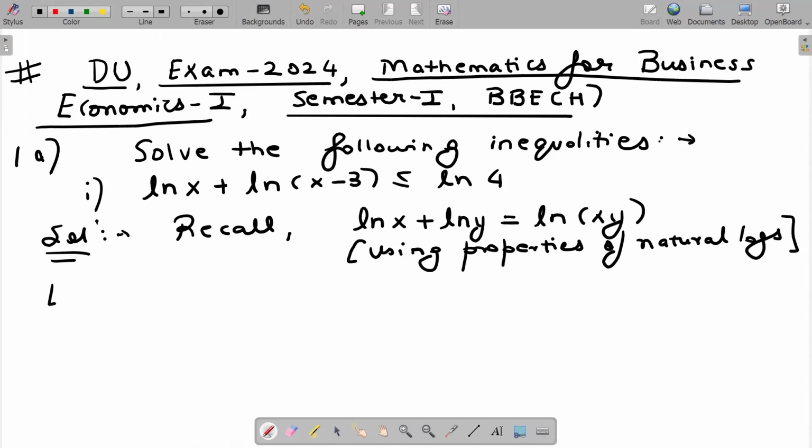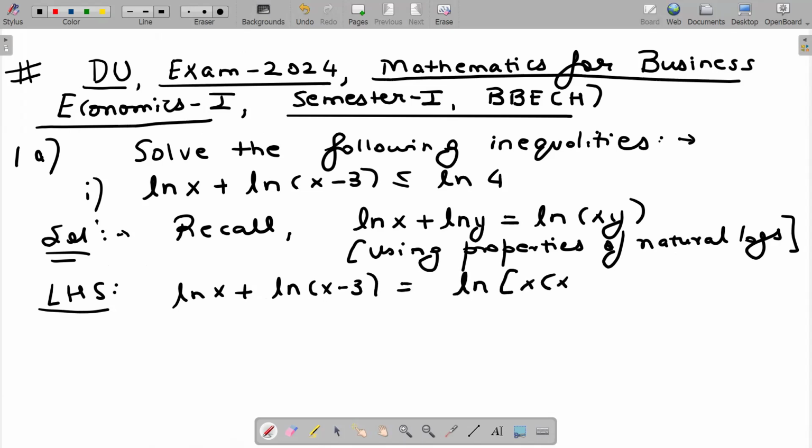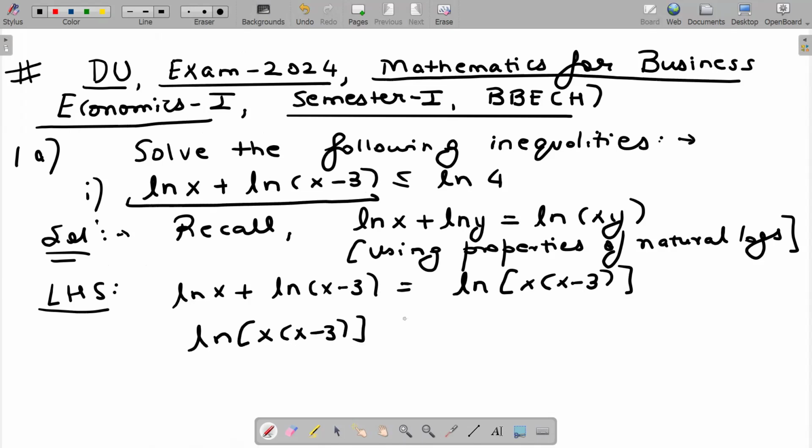That means if I look at the left hand side, which is ln x plus ln of x minus 3, I can write it as ln of x times x minus 3. So my left hand side becomes ln of x times x minus 3 less than or equal to ln 4.